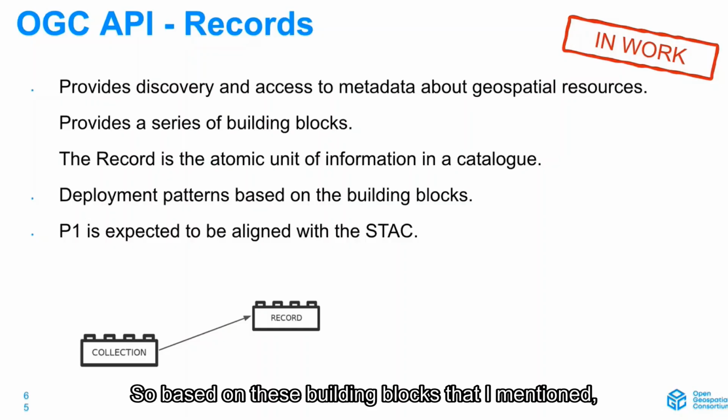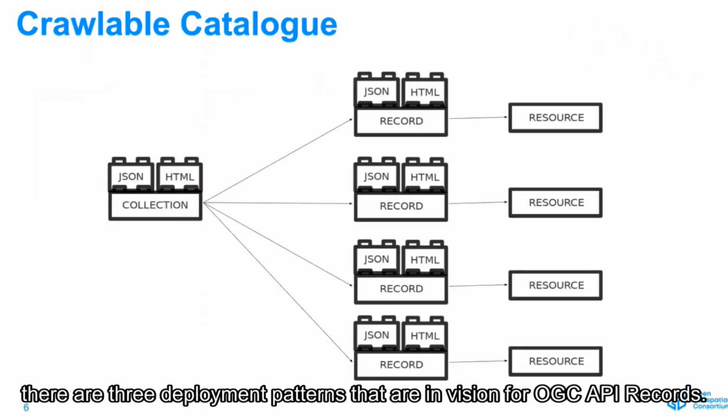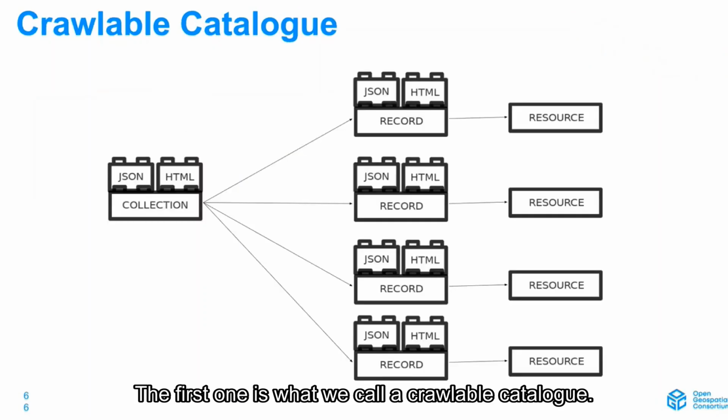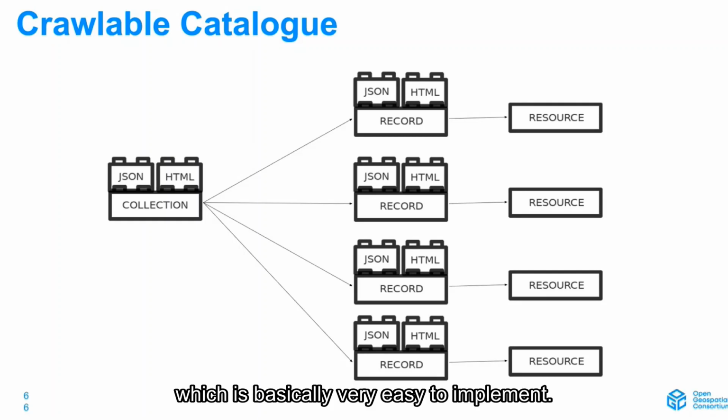Based on these building blocks that I mentioned, there are three deployment patterns that are envisioned for OGC API Records. The first one is what we call a crawlable catalog. If you are familiar with STAC, this will be the equivalent to a static catalog, which is very easy to implement.